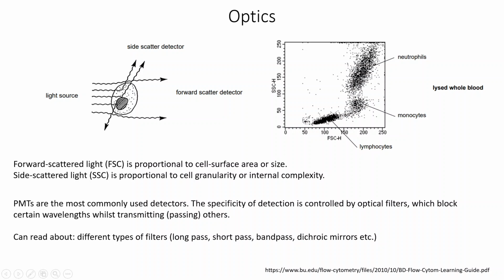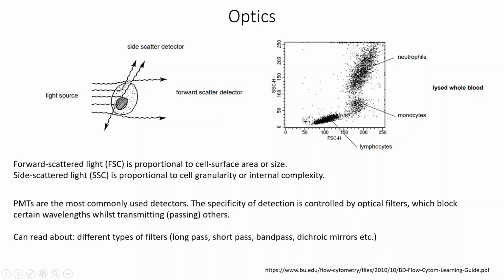So they are of small size, meaning that they are low on the FSC axis, which is your forward scatter axis, and they have low granularity, so they're on the low side of the SSC axis as well. They're over here. Monocytes don't have much granules, but they're bigger than lymphocytes, so they're going to be a little beyond on the FSC axis.